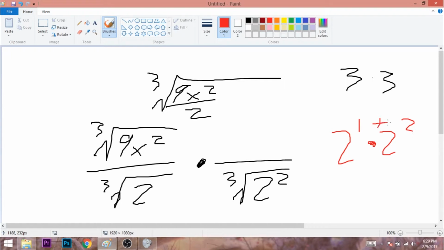You add 1 plus 2, that's 2 to the third, right? So since we're finding the cube root, the 3's cancel out, and you're just left with 2. You always want to do this, right? So you want the numbers right here, the exponent.